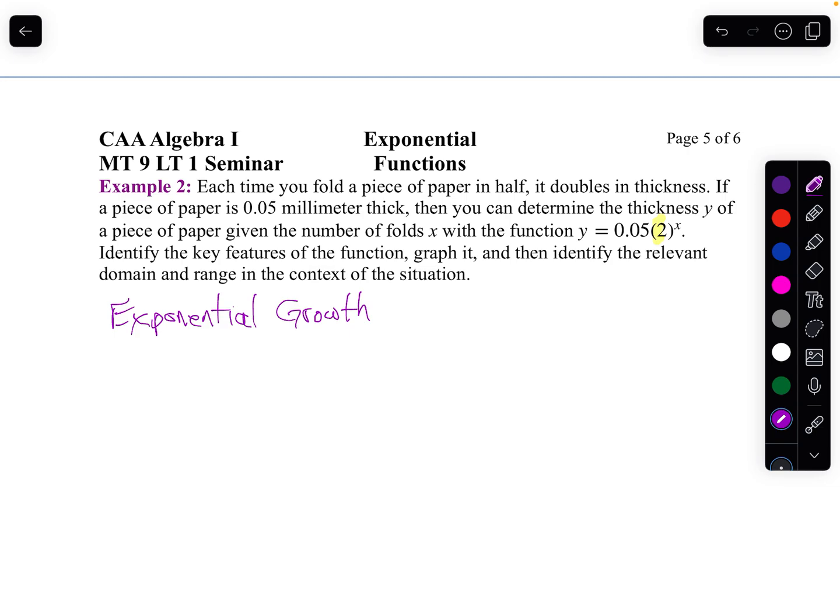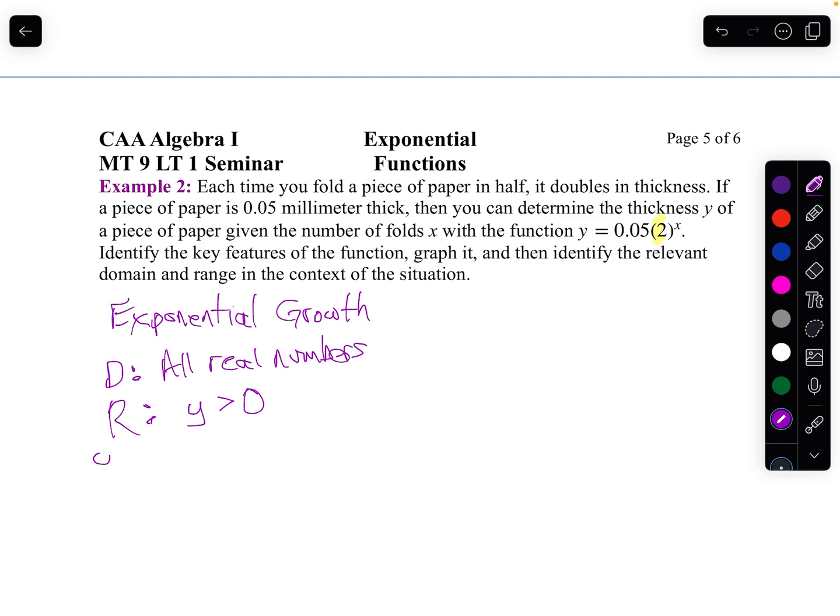My domain, remember, doesn't matter if it's growth or decay, it's all real numbers. My range is going to be greater than 0. We know that no matter what.